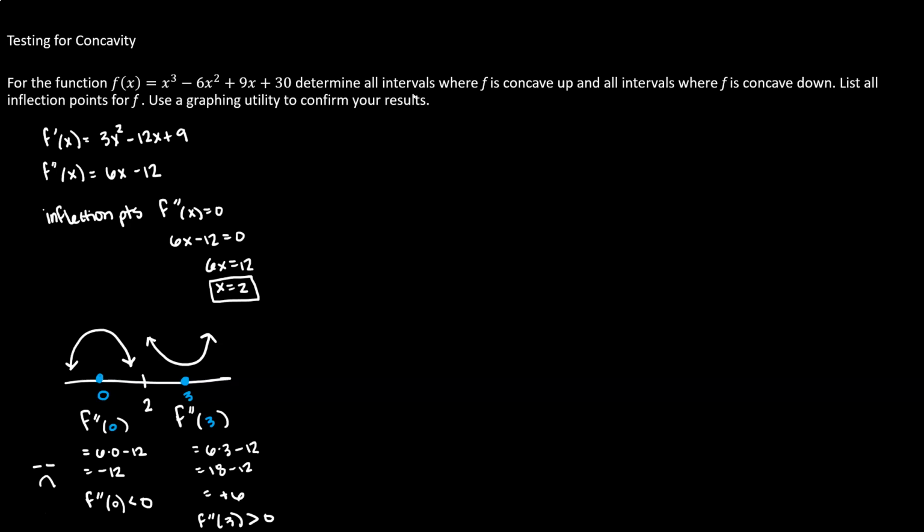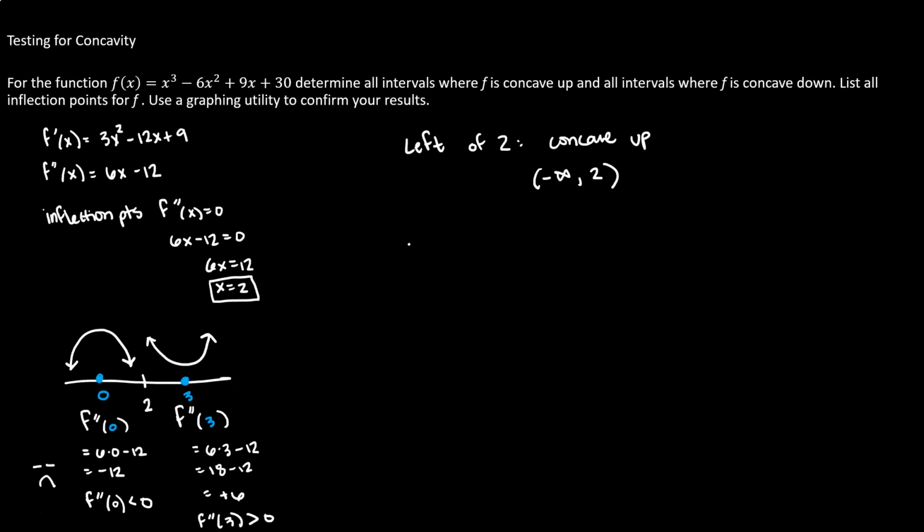So the question says to determine the intervals where f is concave up. We see that it's concave up to the left of positive 2. To write that as an interval, we would say everything to the left of 2 is negative infinity all the way up to 2.